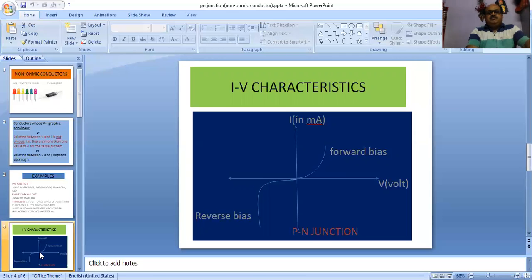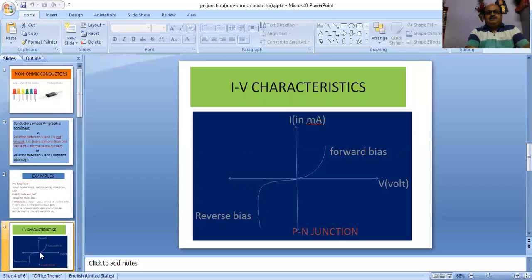But here we will discuss only IV characteristics. A PN junction is formed by doping an intrinsic semiconductor with both types of impurity atoms, that is group 13 elements and group 15 elements.